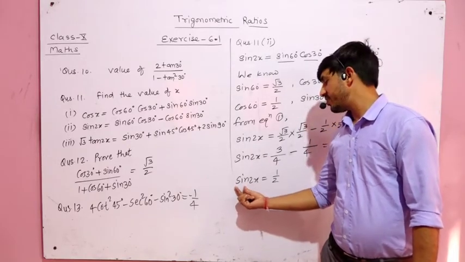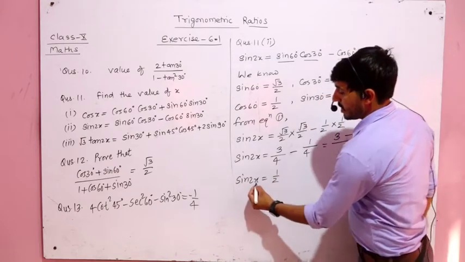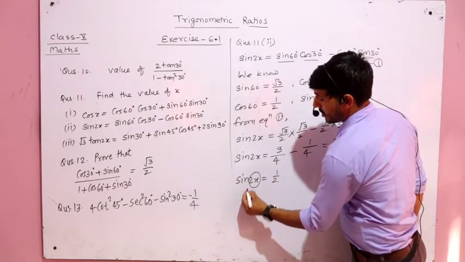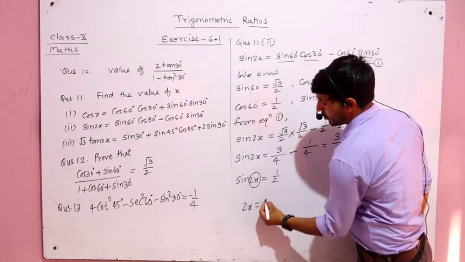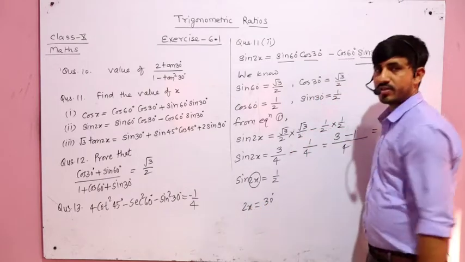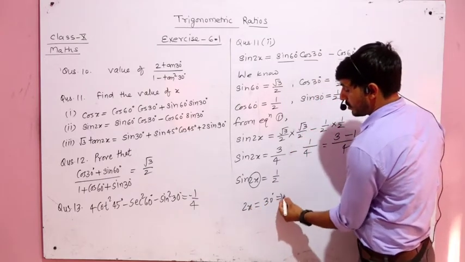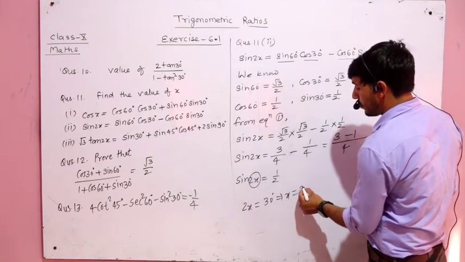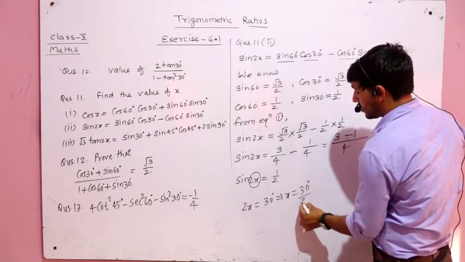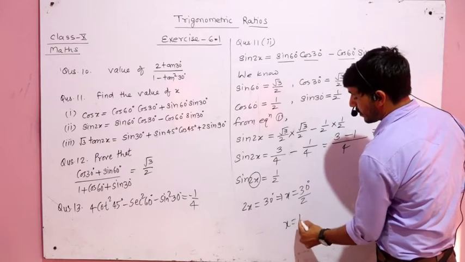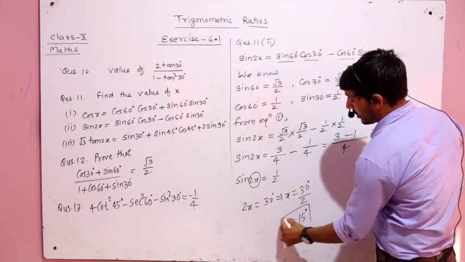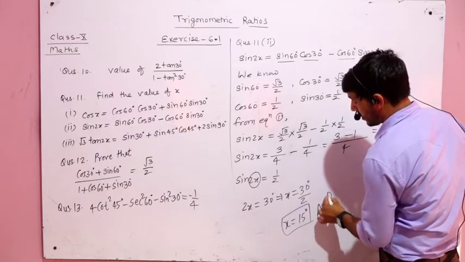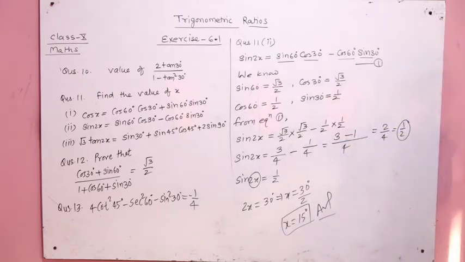As you can see in the table, taking this as theta, that means 2x is equal to 30 degree as given. That means x is equal to 30 degree divided by 2, it means x is equal to 15 degree. You can write, that is the given answer. You should write down.